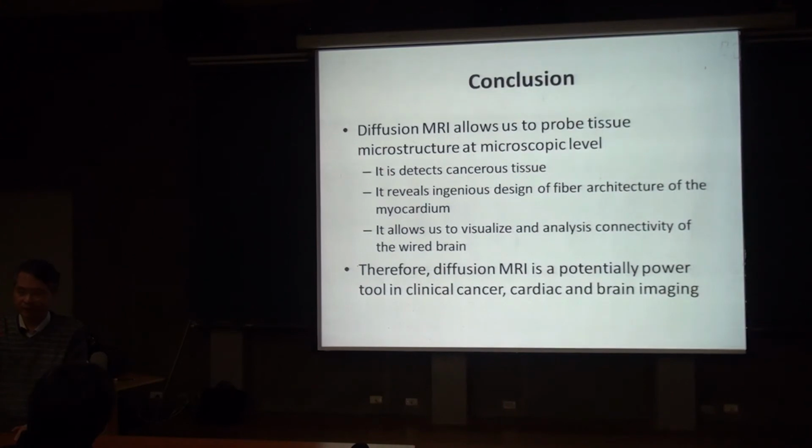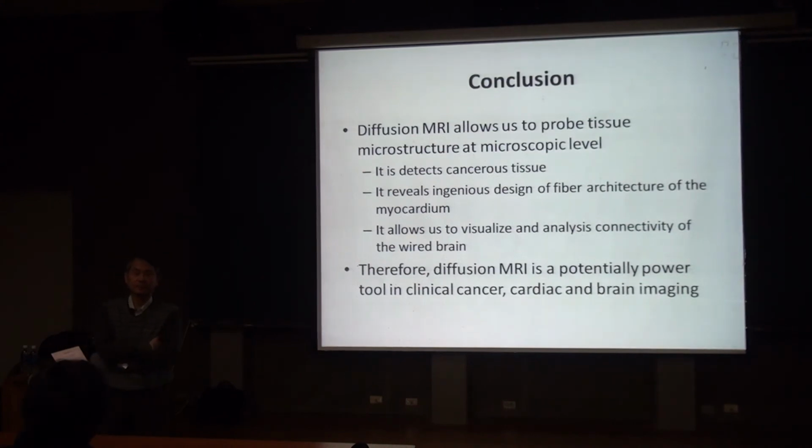And this will kill you, because with no signal you will see nothing. So we need sufficient signal, and in order to have it, we need a larger voxel, so we cannot have voxels as small as we want. I think 1.5 millimeter is what we can achieve with our current technology.